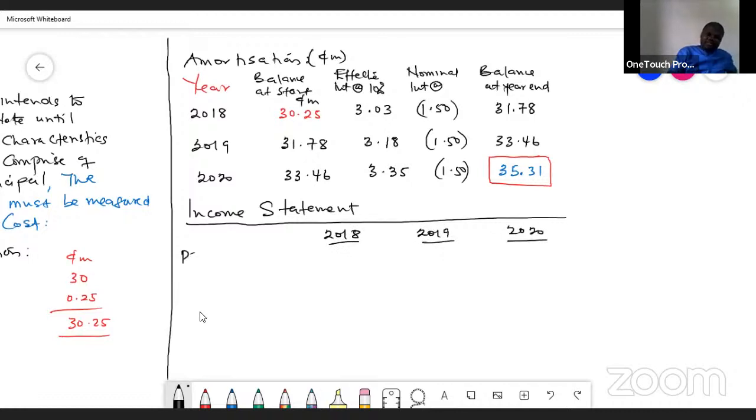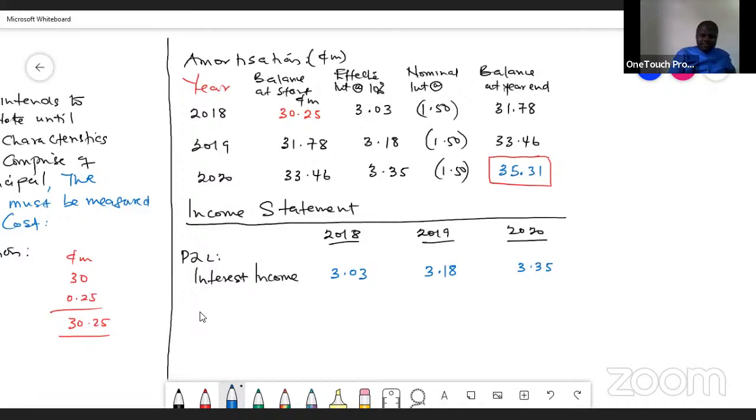We have interest income: $3.03, $3.18, $3.35.